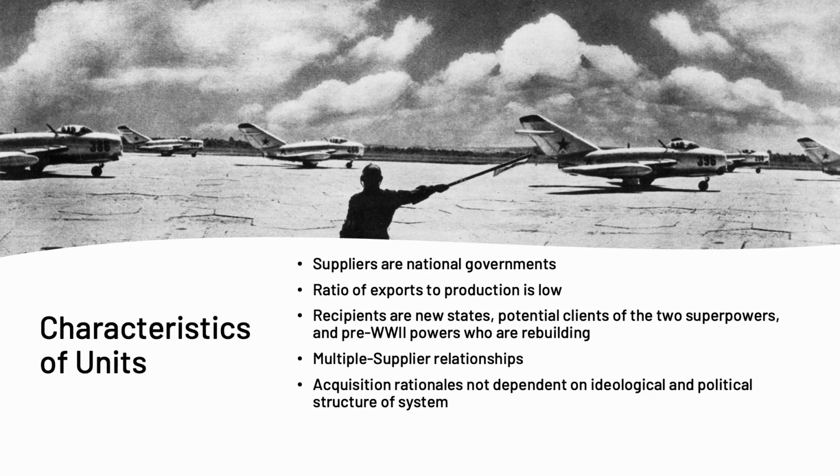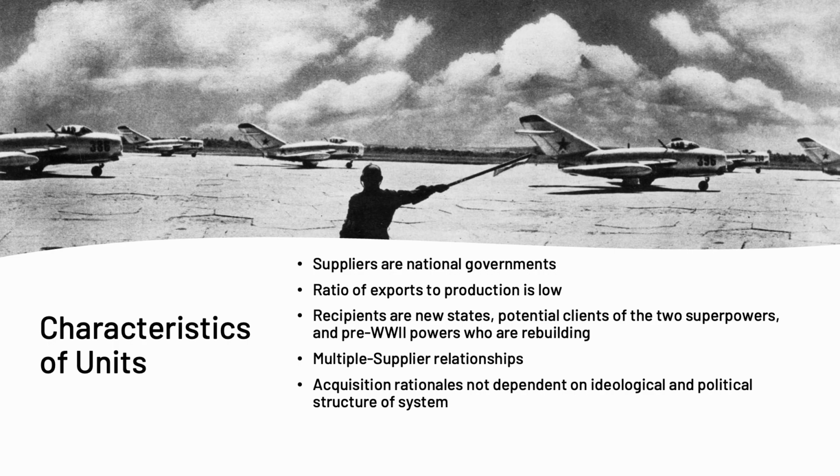So you're beginning to see with the decolonization of Africa and Southeast Asia, these newly formed states are beginning to import arms from one of the two superpowers. We also see most of the powers in Europe, especially Western Europe, are beginning to import U.S. arms at that point in time, and Eastern Europe is beginning to import Russian-made arms as well.